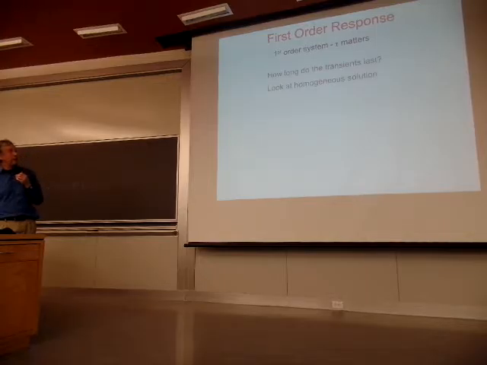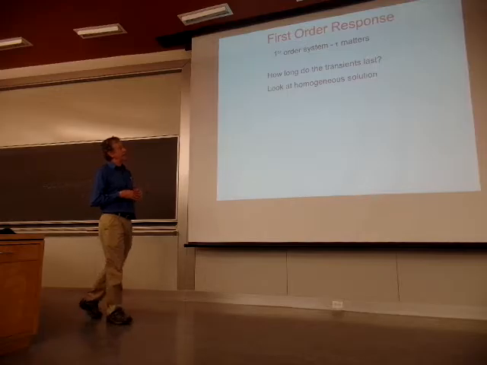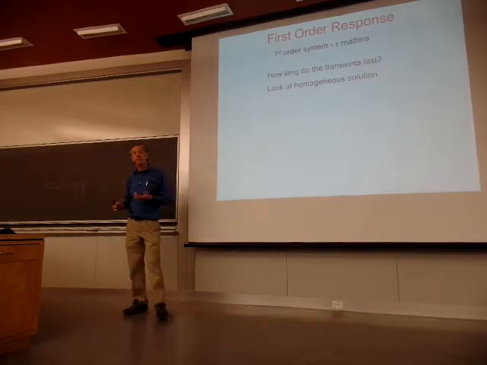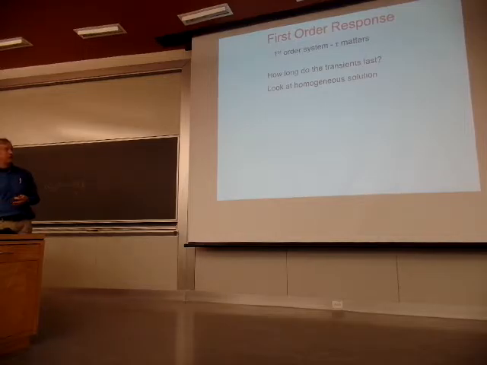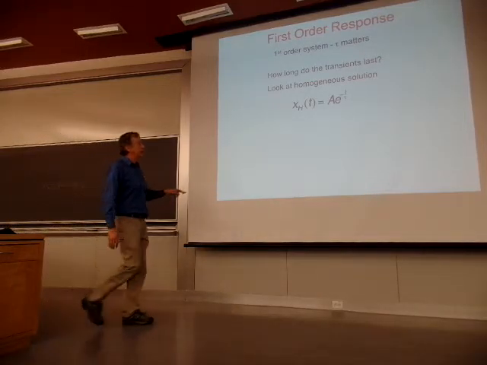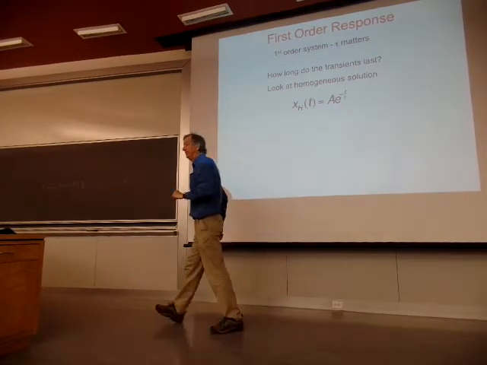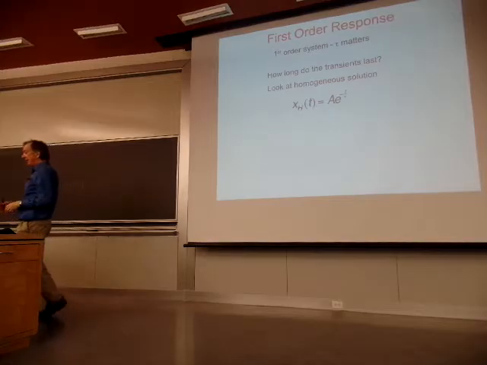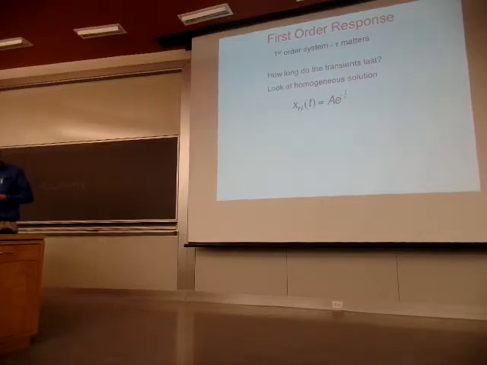The time constant is what matters. One of the questions is, how long does this transient last? So we'll look at the homogeneous solution. We know what it is, exponential. The solution is some constant A times e to the minus t over tau, the state transition for a first order system.